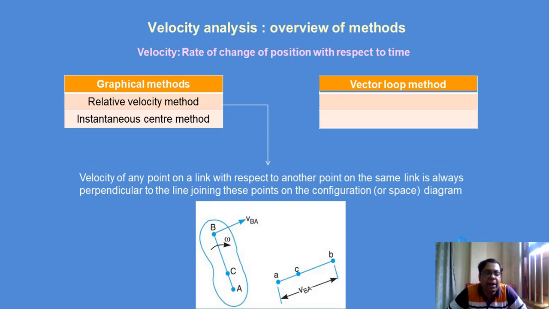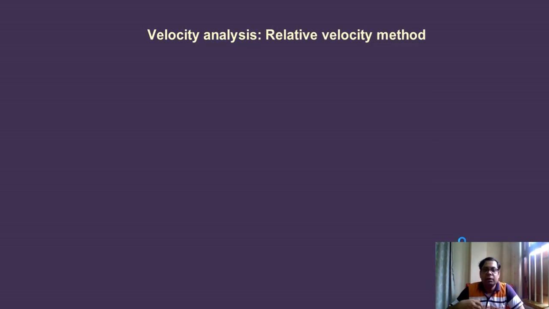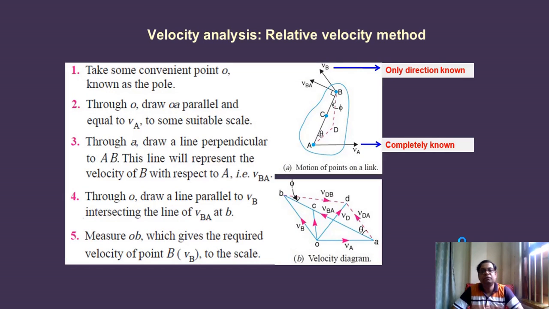We have to keep in mind that omega over here is the angular velocity, and VBA, that is the velocity of point B with respect to A, acts perpendicular to that particular link AB.